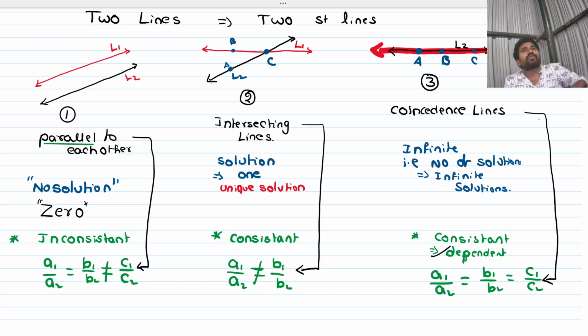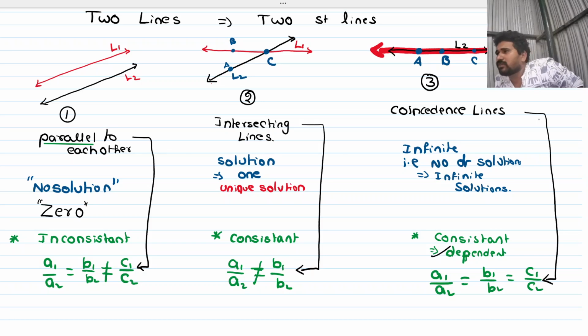Can you tell me what is the condition for parallel lines? To recognize parallel lines, which condition will you follow? A1 by A2 is equal to B1 by B2 not equal to C1 by C2, that represents the given two lines are parallel.